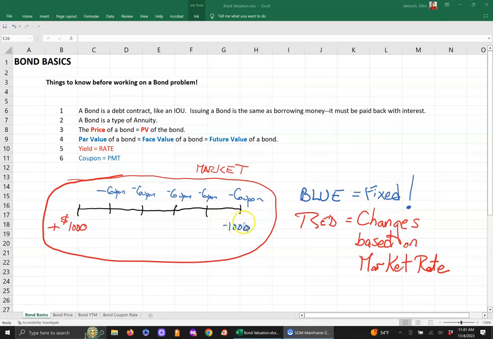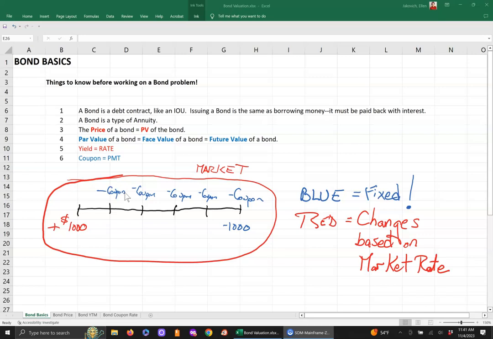What I'm showing you by the color coding is that when the bond is originally approved for issue by the Securities and Exchange Commission, there is a certain market rate going on at the time. The going market rate is essentially what's going to be approved for your company's bonds.